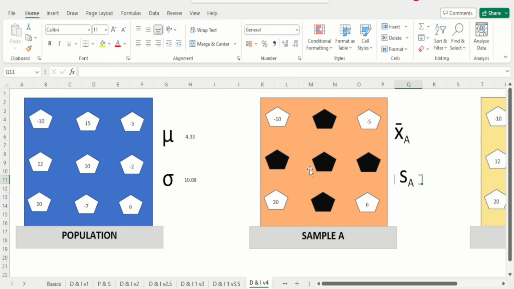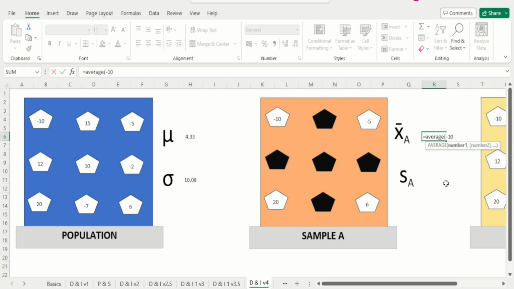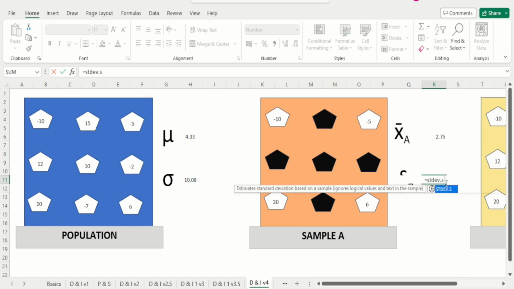Now let's go ahead and calculate the mean here. Again, you take the average, and in this case, you have -10, -5, 20, and 6. These are the only four values you have access to. And now let's also generate the standard deviation on this. In order to generate the standard deviation, what we're going to use is the sample.